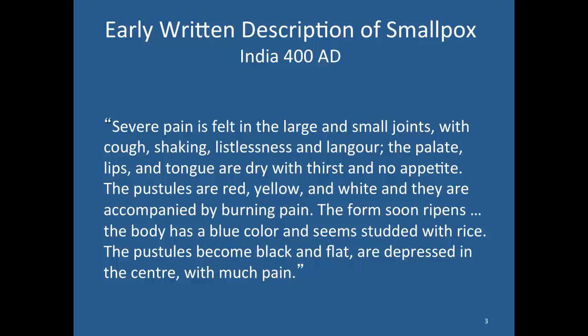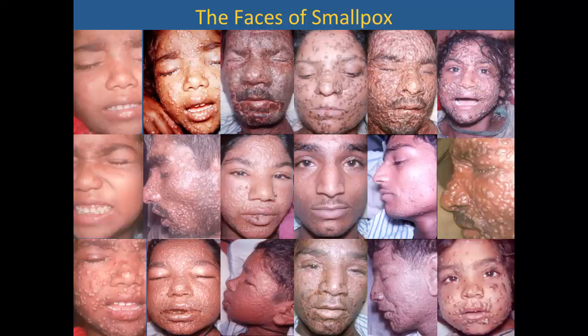These pustules are the characteristic hallmark of smallpox. The best equivalent you might have seen is chickenpox, but chickenpox is a completely different family of diseases, and it doesn't necessarily kill people, at least in the developed world.